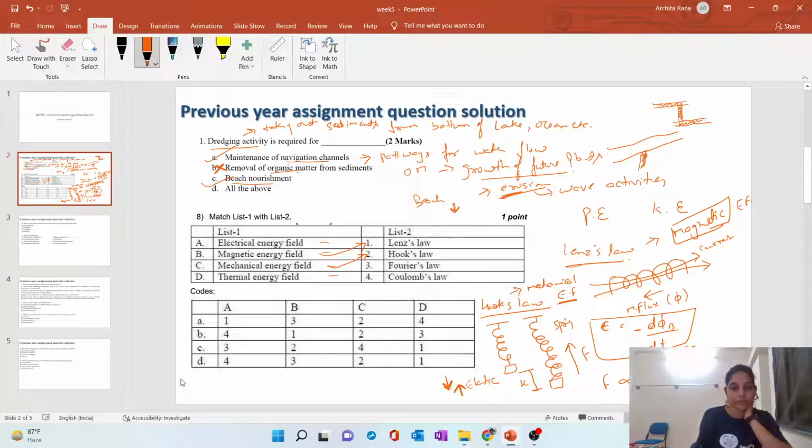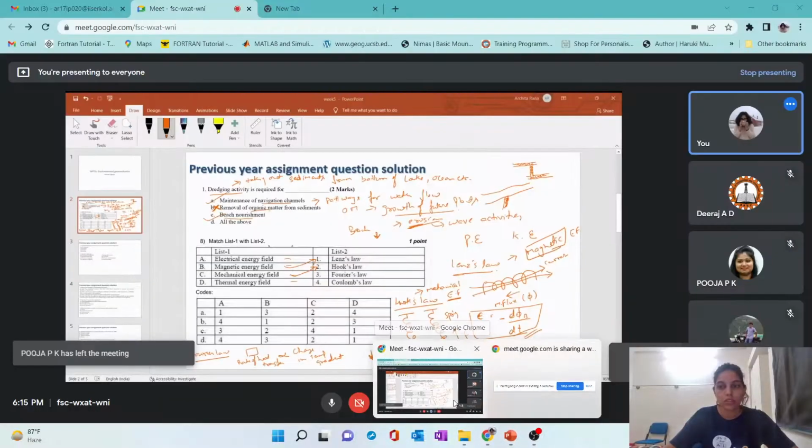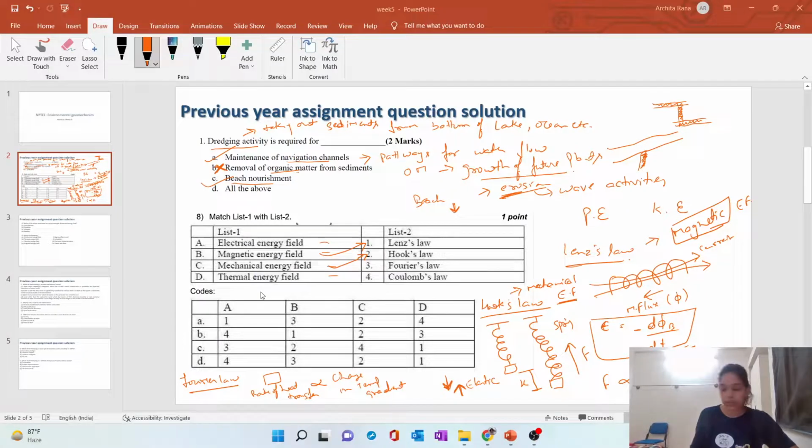Another is the Fourier law. What Fourier law suggests is that if you have a material, then the rate of heat transfer in that material is directly proportional to the change in temperature, or you can say the temperature gradient. So in this, Q is directly proportional to the change in temperature, and once we solve it, it is minus K, which is the conductivity.